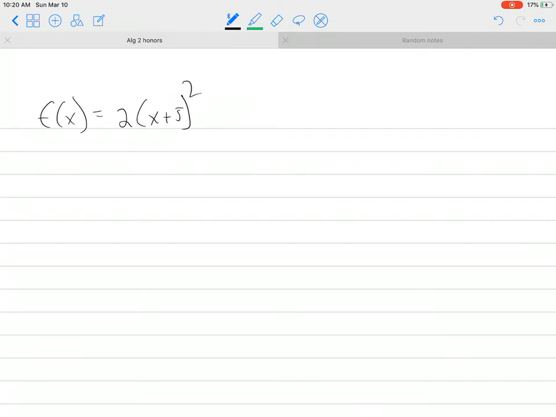Hopefully you've done that. So you said, okay, I start with x. I go plus 5, which gives me x plus 5. I go squared, which gives me x plus 5 squared. And now I go times 2, which gives me 2 times x plus 5 squared.